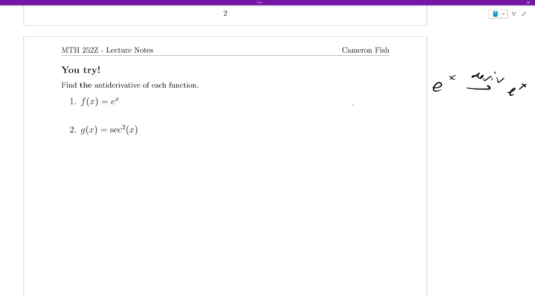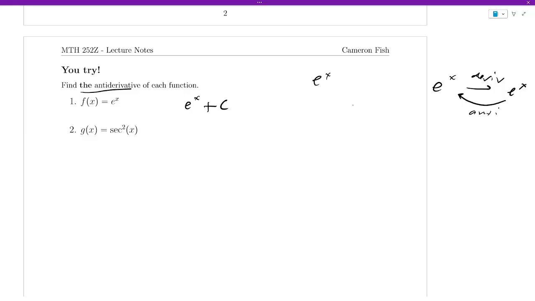So what does that mean for antiderivatives? Well, if I go backwards, I also just come back to itself. It's its own antiderivative as well. So e to the x is a function whose derivative is e to the x. But I'm asking for the antiderivative, which is really just a pedantic way for me to ask you to write plus c as well.